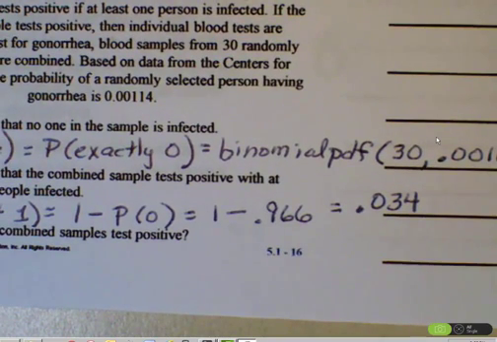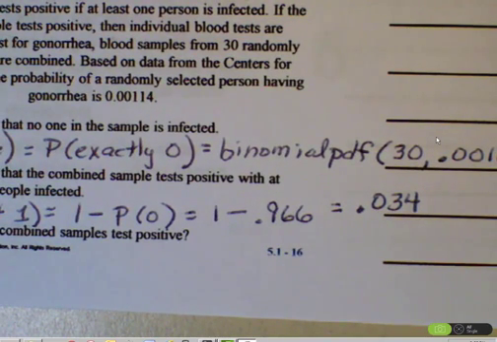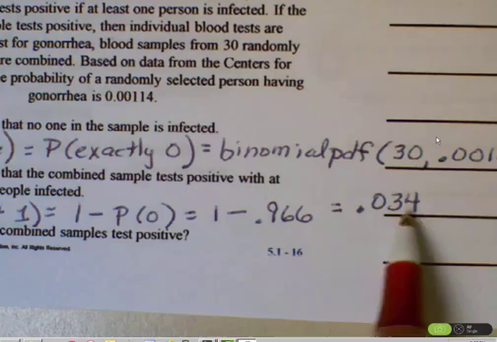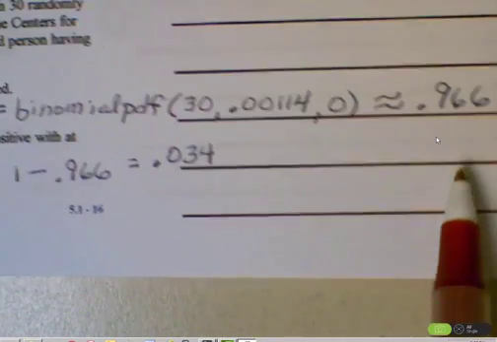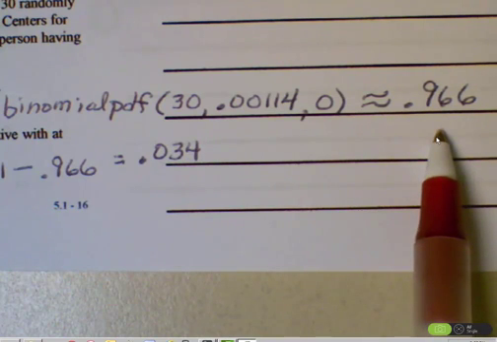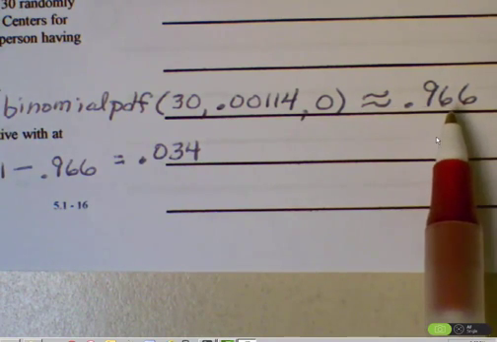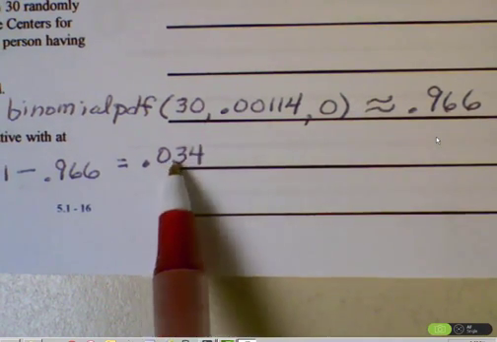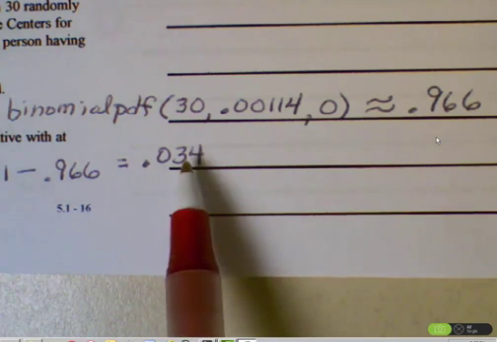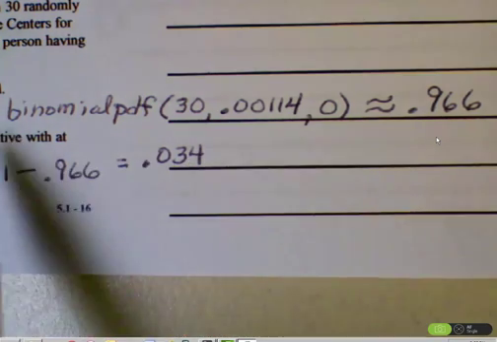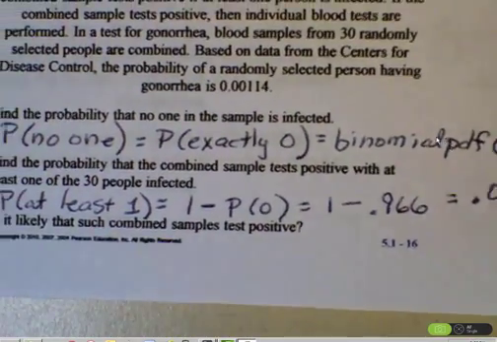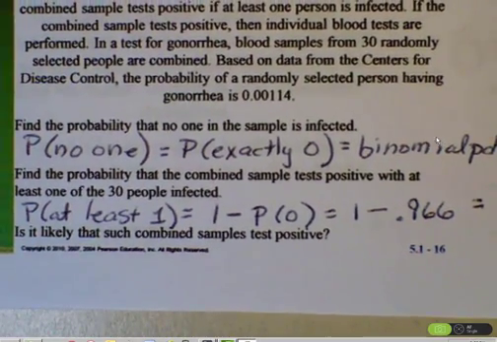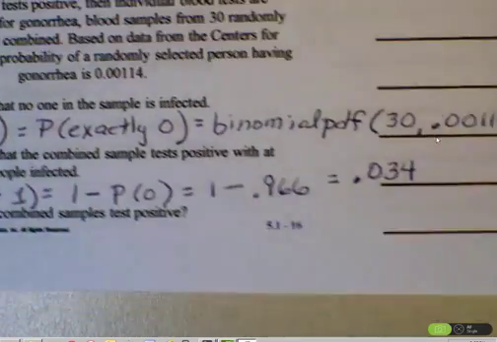So the probability that at least one person in the batch of 30 is infected is only 0.035. In other words, about 97% of the time, the batch test will be negative. About 3.5% of the time, the batch test will be positive, and we'll have to go back and do individual tests. The final question is, is it likely that such combined samples test positive?